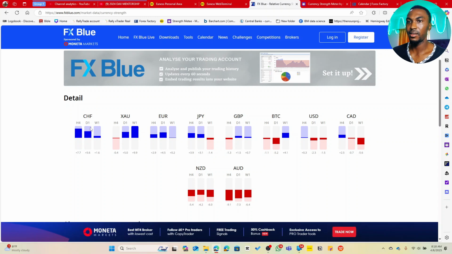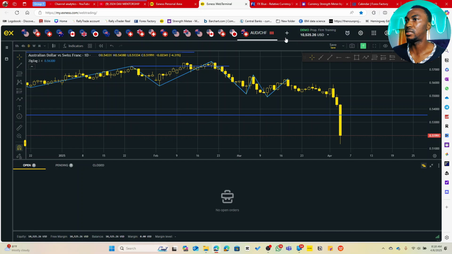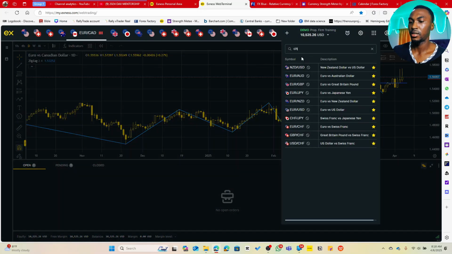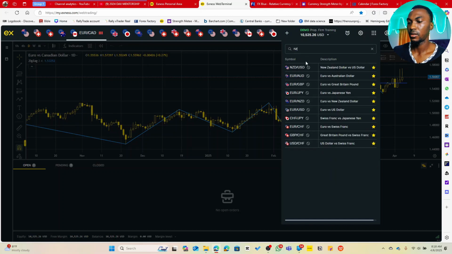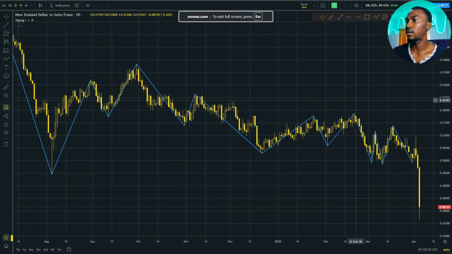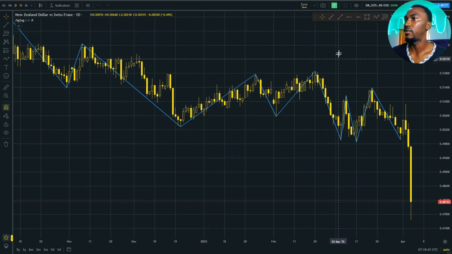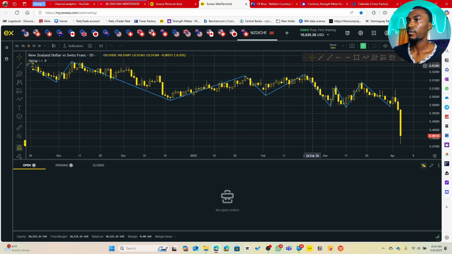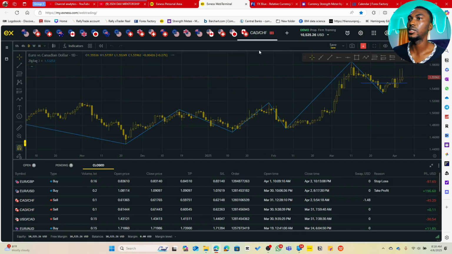Clearly, even the New Zealand dollar is seriously beaten. It took serious battering. Right there, I mean, look at both of them. Heavily destroyed, my dear friends. Heavily destroyed. I don't even know how to explain it.